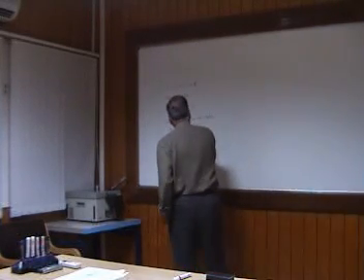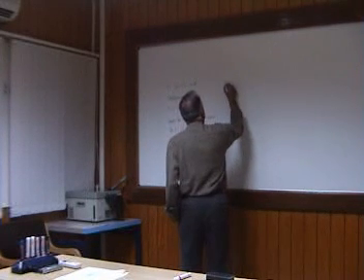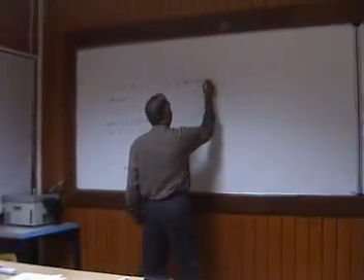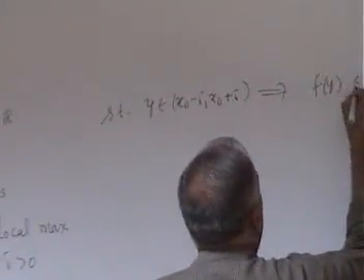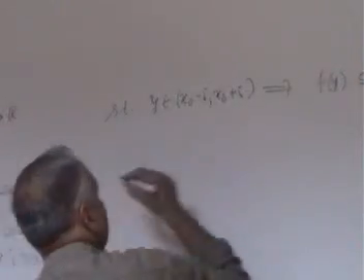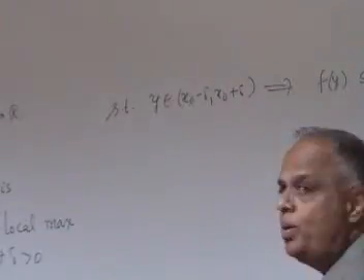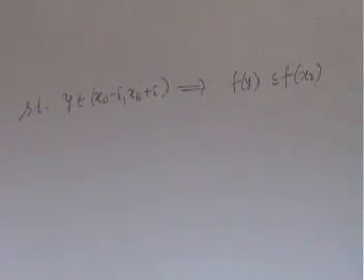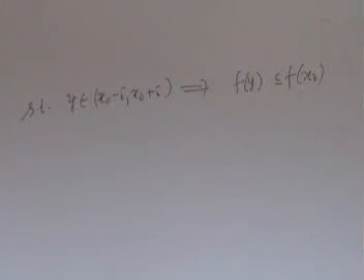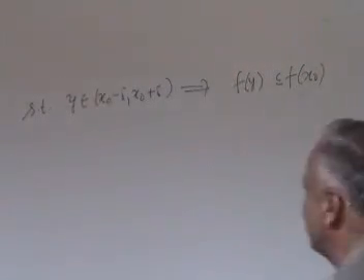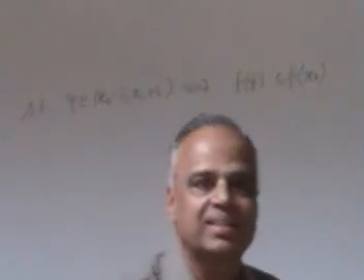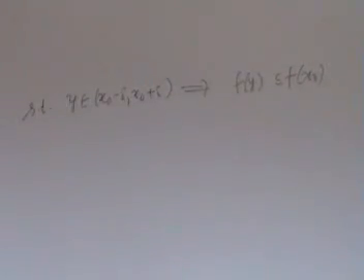This means there exists a delta positive such that y belongs to (x naught minus delta, x naught plus delta) implies f of y is less than or equal to f of x naught. So in the neighborhood of that point, locally it is the biggest. Nobody can beat it. If it goes somewhere else, somebody else may beat it. That's what is meant. Similarly, local min is just the inequality reversal.